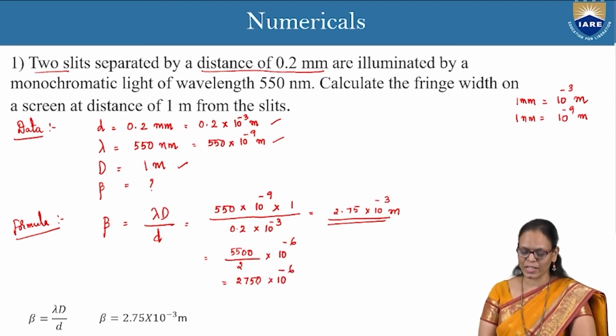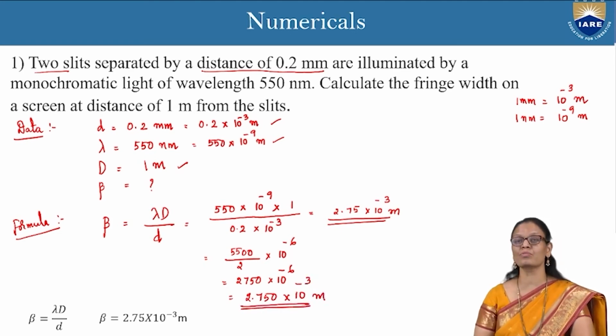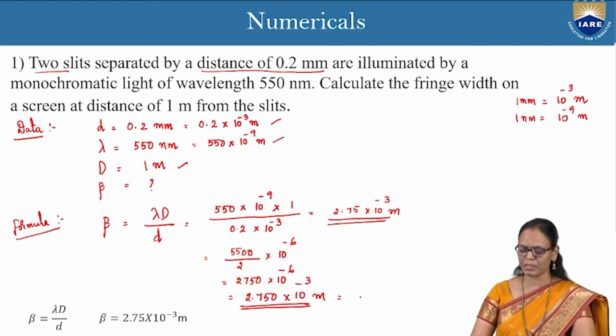When you shift the decimal places, you can write it as 2.750 into 10 power minus 3. This is in meter because we have converted everything into meter. And 10 power minus 3 meter is nothing but 1 millimeter. So I'll write it as 2.75 millimeter.